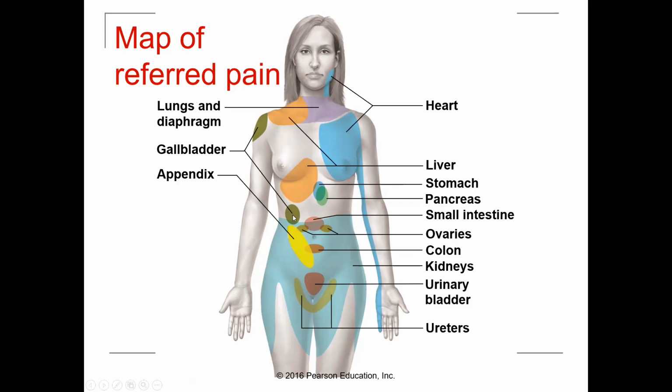The gallbladder normally shows up here, but also up here. So you have some flexibility. Look at the appendix. It can be stretched all the way across the abdominal cavity on the right-hand side.